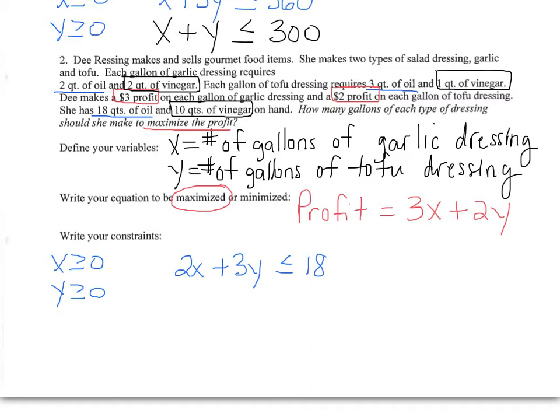So let's put those together. 2 quarts of vinegar for garlic dressing, so that's 2x. 1 quart of vinegar for tofu dressing, 1y. And we have 10 quarts available, so less than or equal to 10. So all of this, defining variables, writing our profit equation, and setting up our constraints, constitutes setting up a linear programming problem.